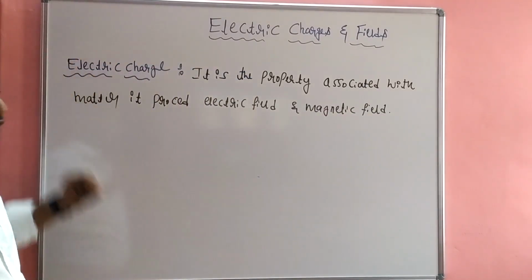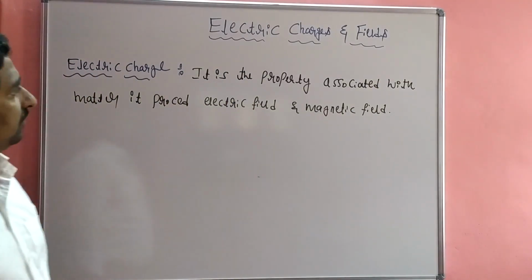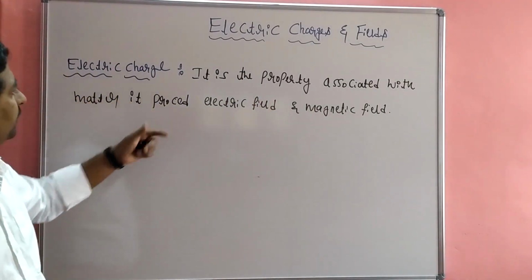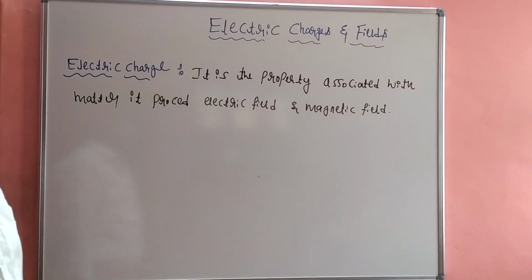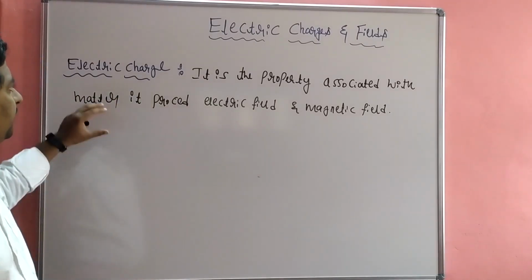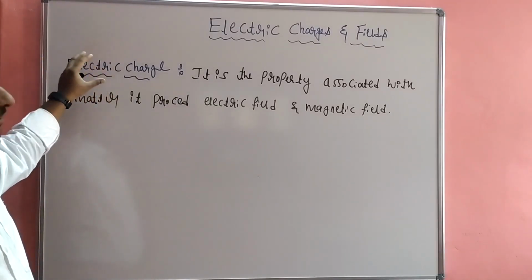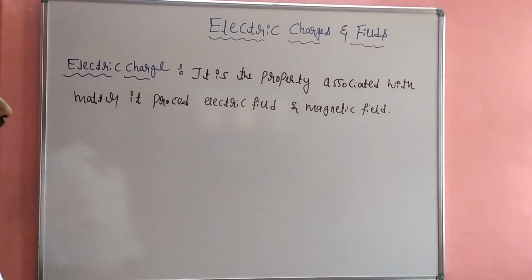So this is what the term indicates. It is associated with matter and produces electric field and magnetic field. That property which is associated with matter is called electric charge.